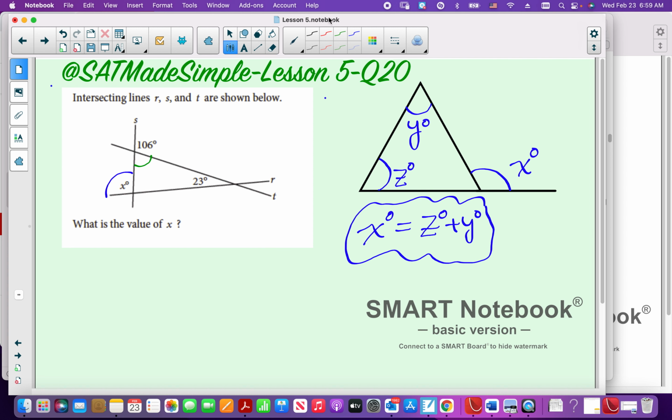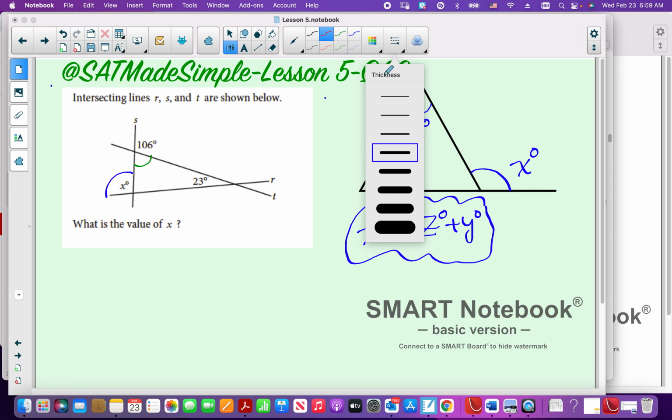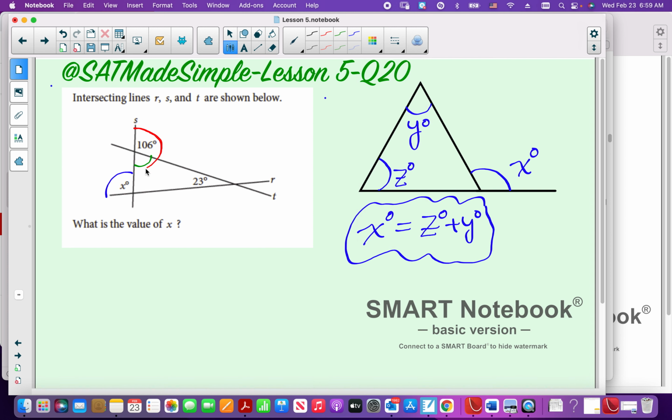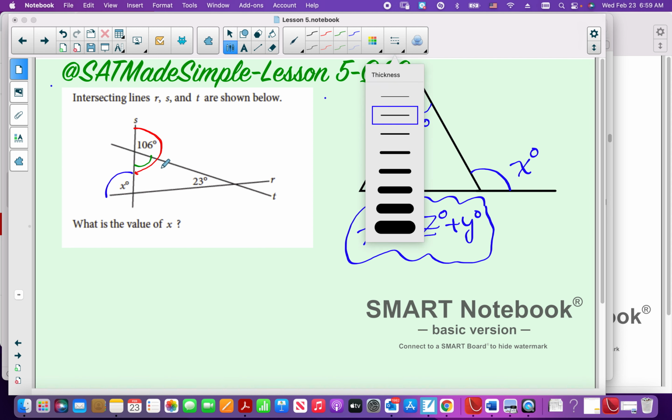And we can see that this whole thing is a straight angle, constituting 180. So 180 minus 106 will give me the green angle, which is 74.